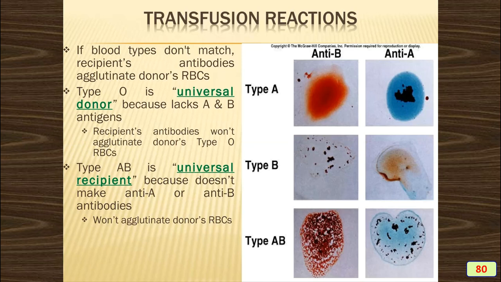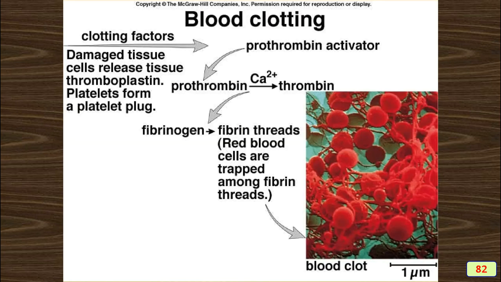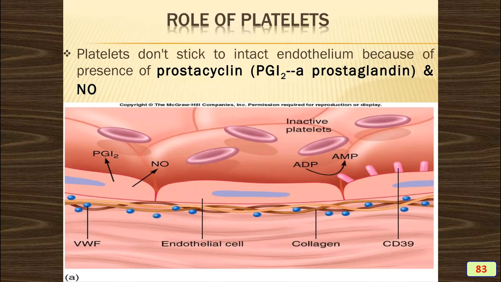And in blood transfusion reaction, sometimes a severe allergic reaction is going to happen. Blood clotting is the cessation of bleeding, and it is caused by vasoconstriction, platelet plug, and web of fibrin.